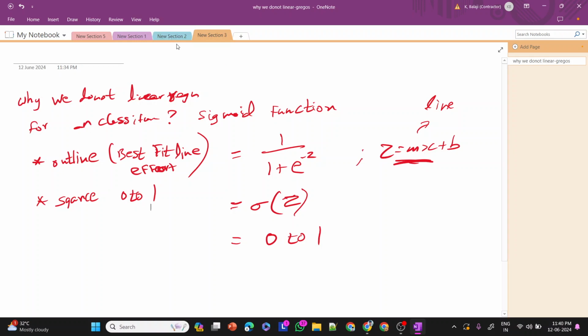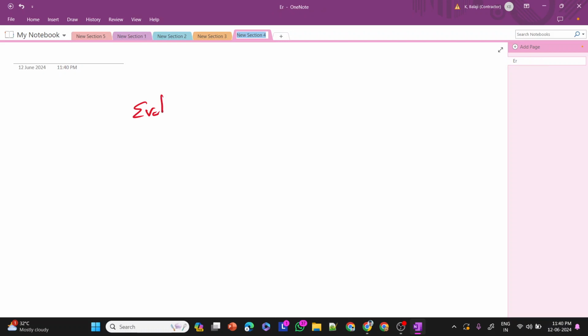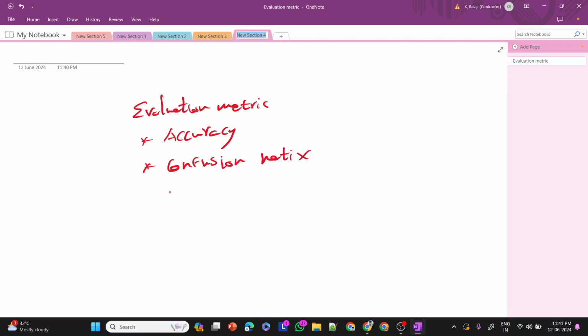Like this, for a classification problem, there are some evaluation metrics like accuracy, confusion matrix, precision, recall, and F1 score.